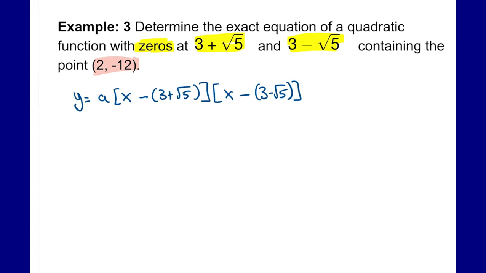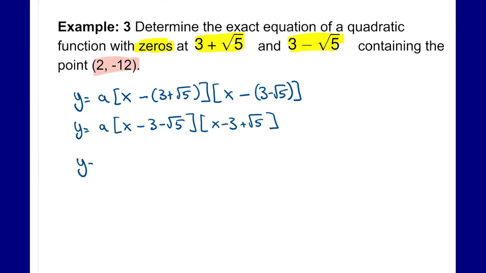I can simplify this a little bit. y is equal to a[x minus 3 minus root 5]. I'm just basically multiplying the negative 1 through, and then I have [x minus 3 plus root 5]. This is almost like a difference of squares in the sense that I have one term in the front minus another term, and then one term in front plus another term.